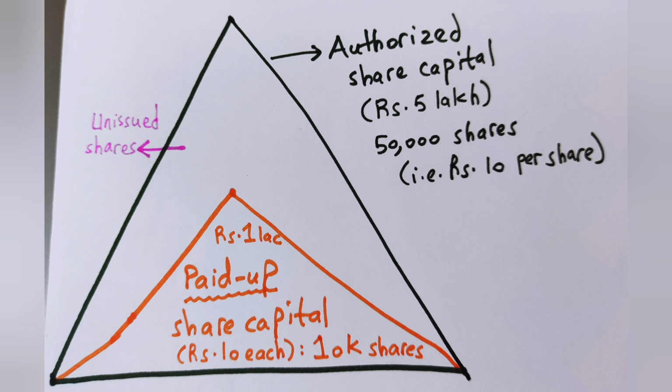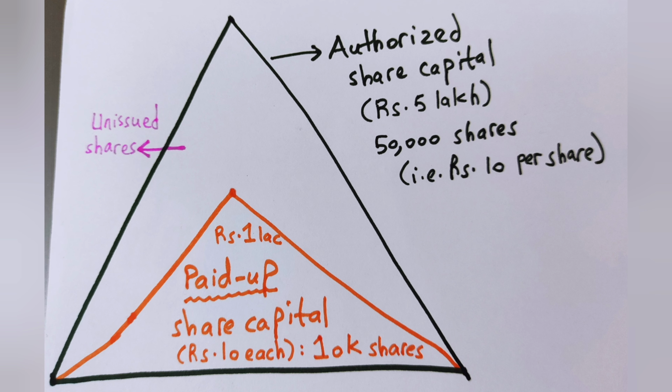So authorized share capital is always going to be greater. It's not going to be the same as paid up share capital in most situations. And just remember that paid up share capital can never ever exceed authorized share capital. All of these details are going to become very clear to you in a moment.